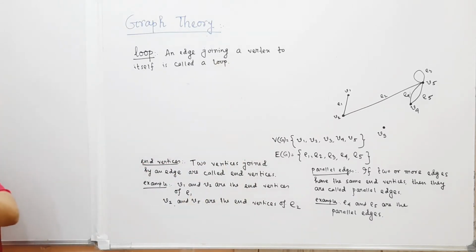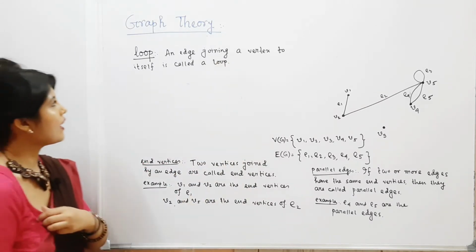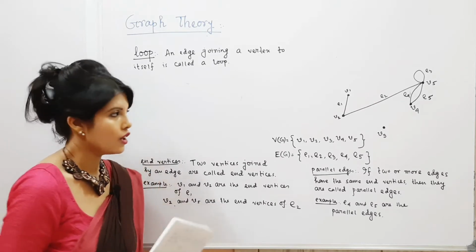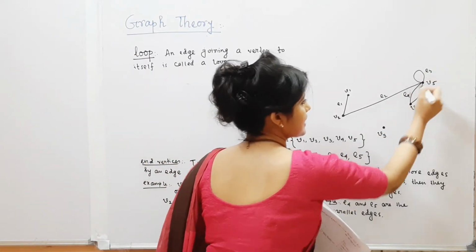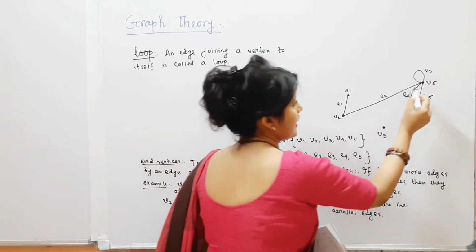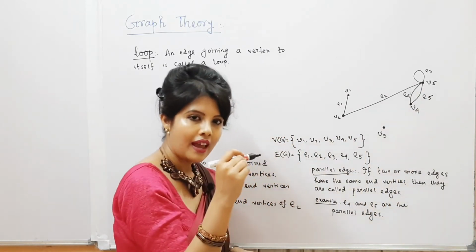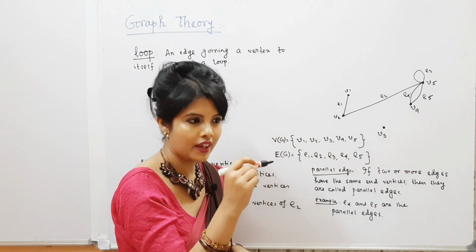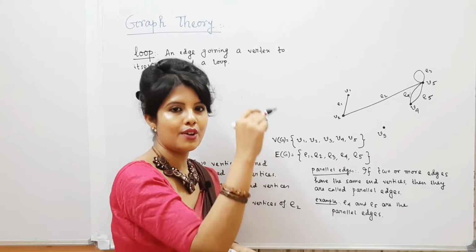So this edge is actually a loop because it is starting from V5 and it is ended at V5. Okay, so this is a kind of loop.